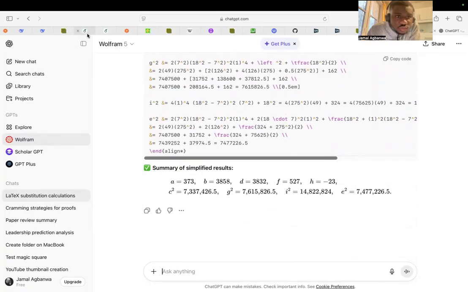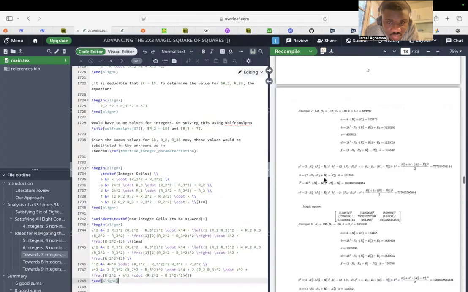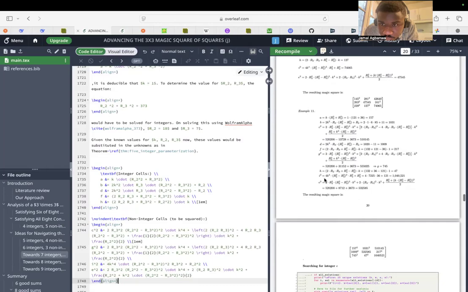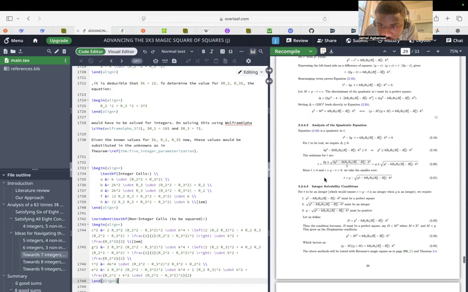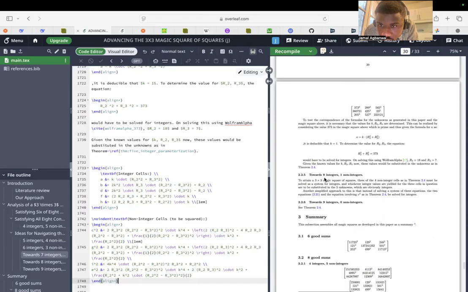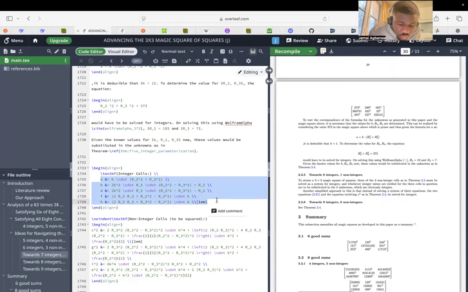Now let's look at our own formulas and see what happens. What is our own magic square of squares saying? Okay. Now we'll do things on our own, you know. So now we will do this.